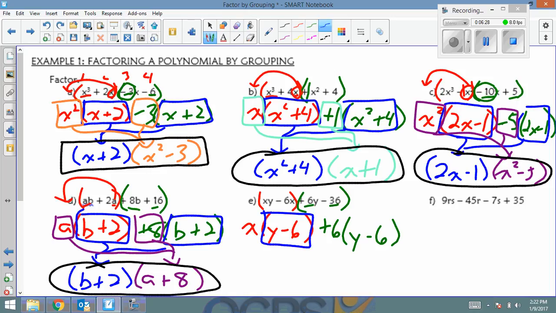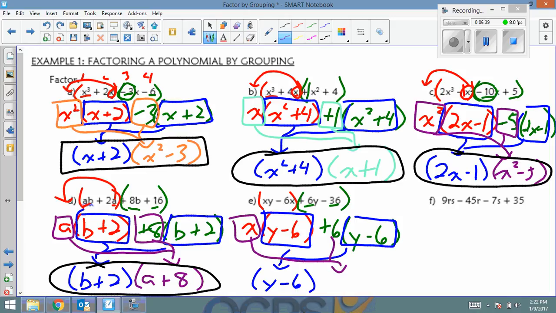Okay, your parentheses are the same, so you take them and write them once. Whatever's left over, you combine into one parenthesis. And now that you have 2, there's your final answer.